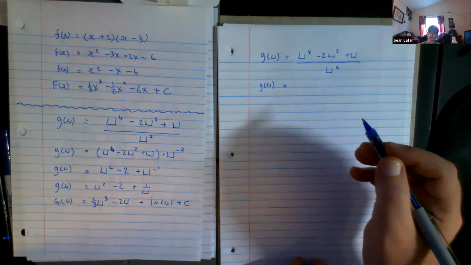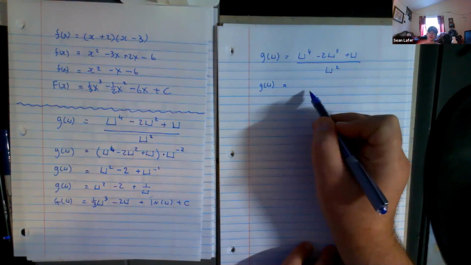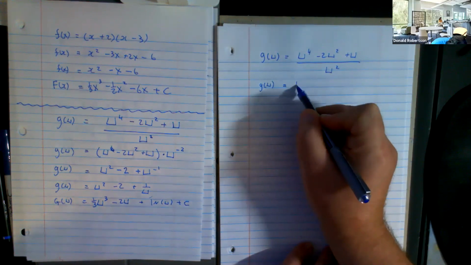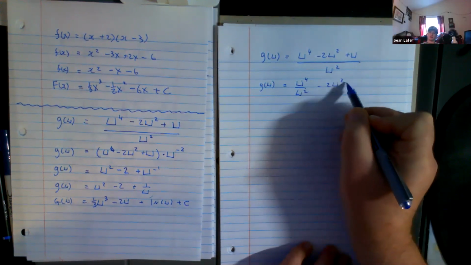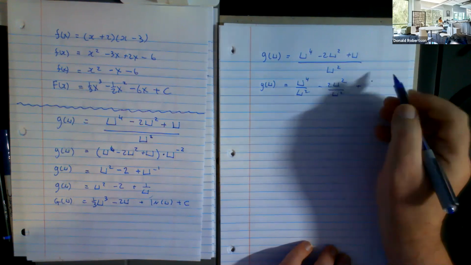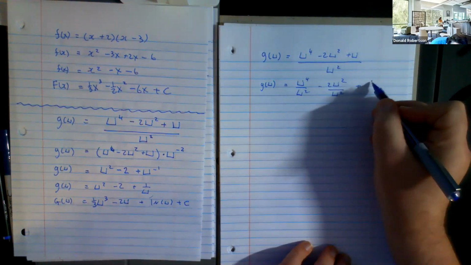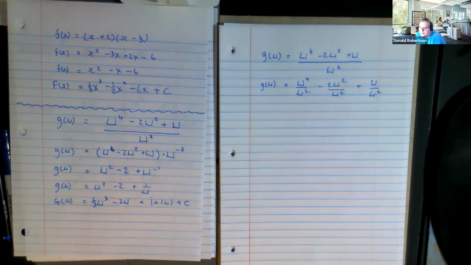The only way I can think of is you bring up the u squared to divide each thing individually. Okay. Kind of like what we did when solving for the limit to infinity. Oh, yeah, like divide top and bottom by u squared. That's essentially equivalent to that.